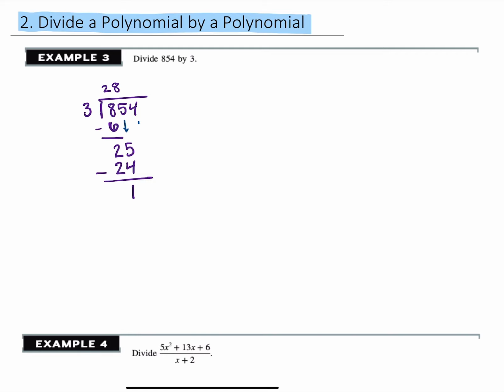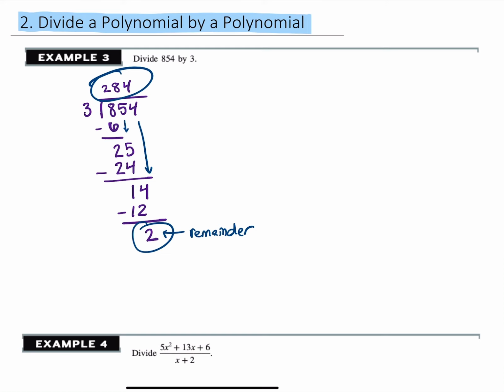And I keep moving down terms until I run out. Move down the next term, I get a 4. I'll have to do 3 times 4, which will give us 12. Subtract these results, and I get 2 as the remainder. So the result is 284 with a remainder of 2.